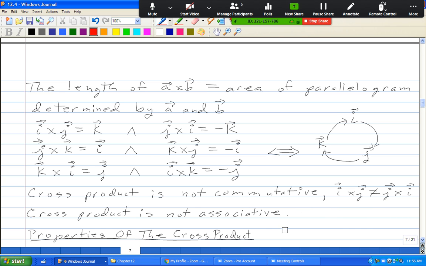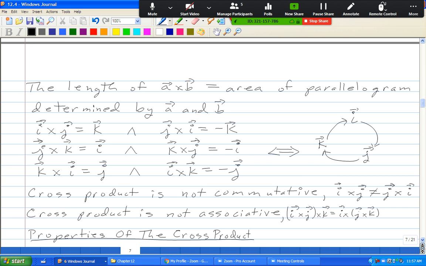Okay, so let's try something else. Let's try something that does work. Let's see if this works: I cross J cross K, and I cross J cross K. If not, something works.